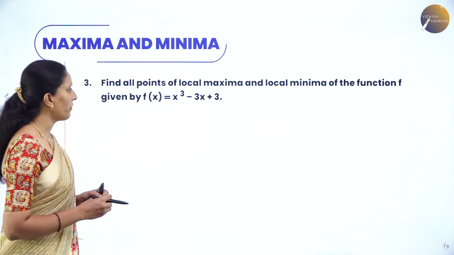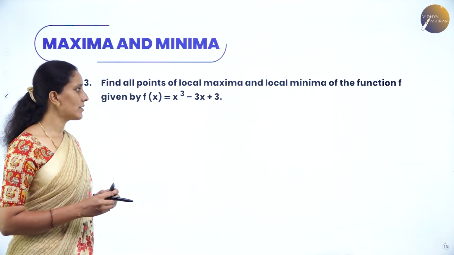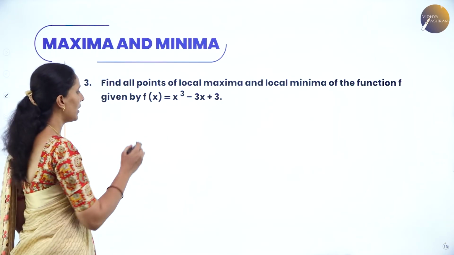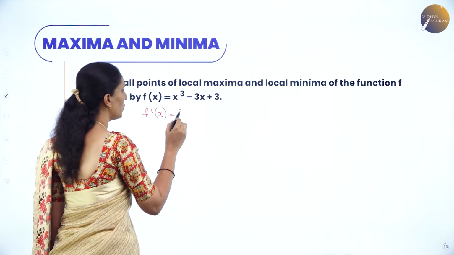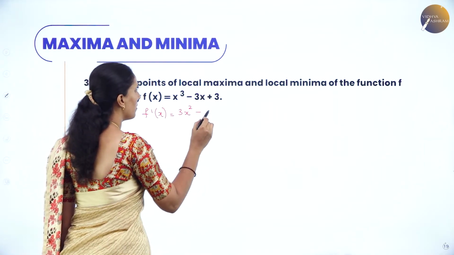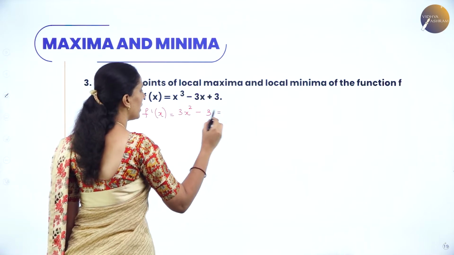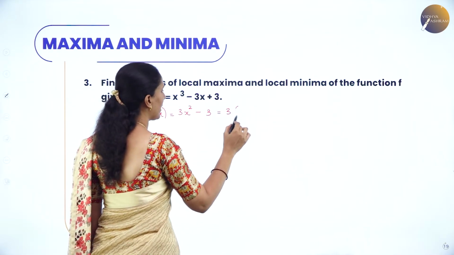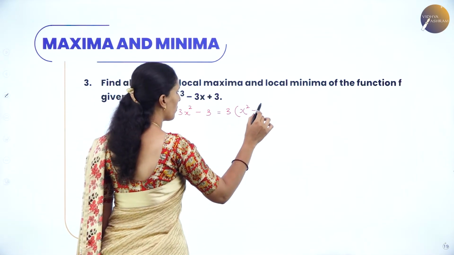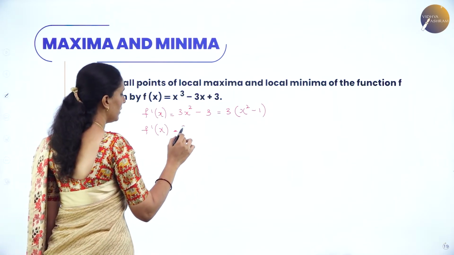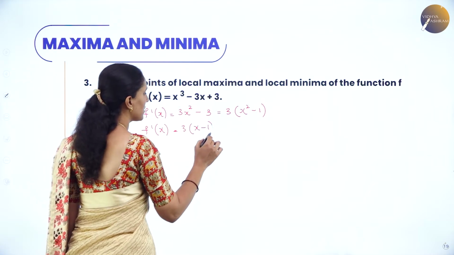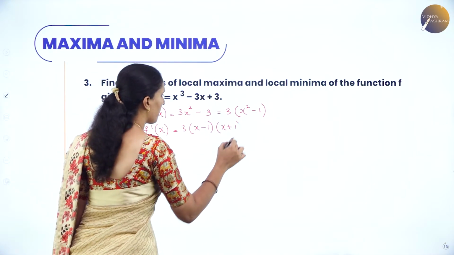So, we have f of x is equal to x cube minus 3x plus 3. Let us find the derivative. F dash of x is 3x square minus 3. If you take 3 as a common factor, it is x square minus 1. So, we can write it as 3 into x minus 1, x plus 1.